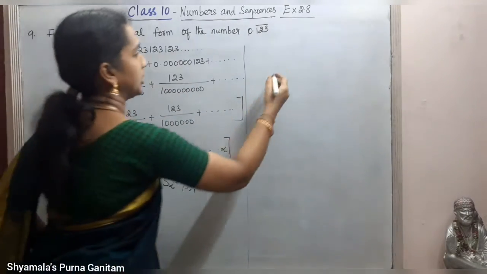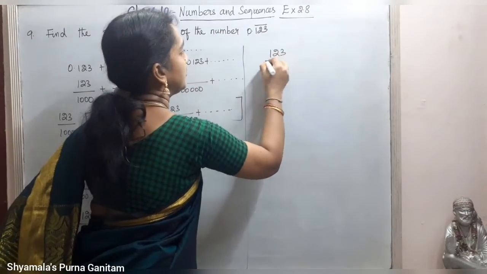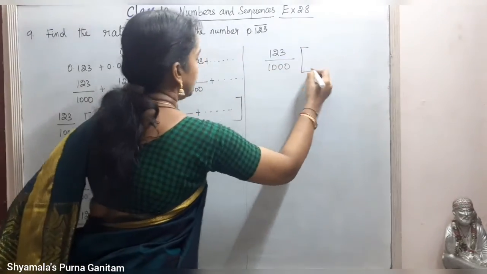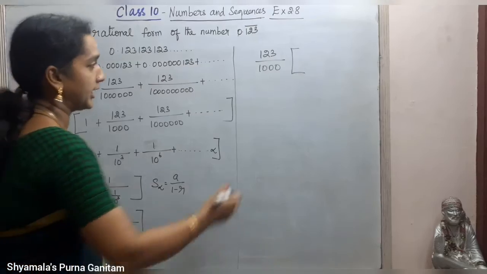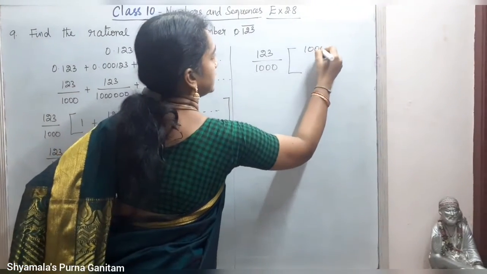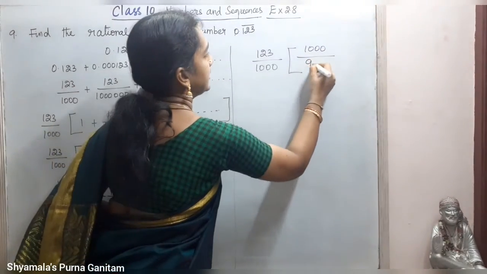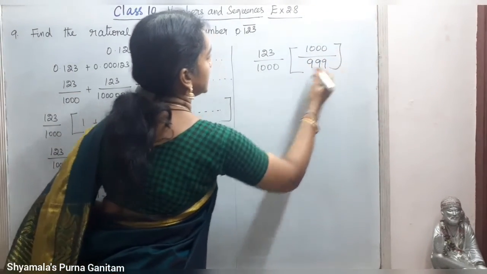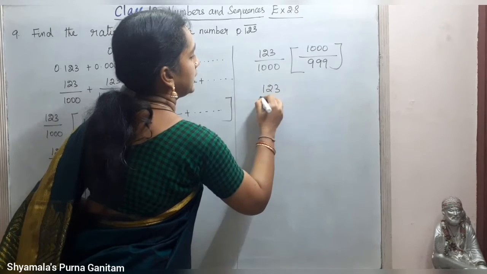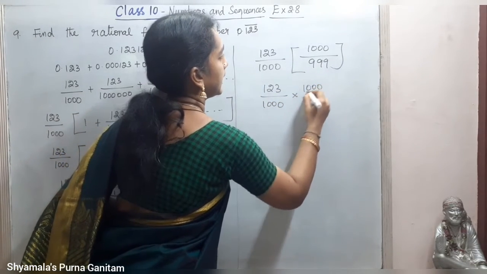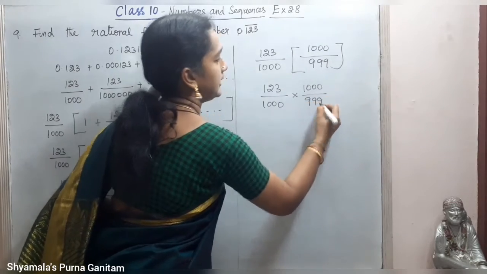So 123 by 1000 into, the 1000 goes to the numerator. We get 1000 by 1000 minus 1, which is 999. So 123 by 1000 into 1000 by 999.